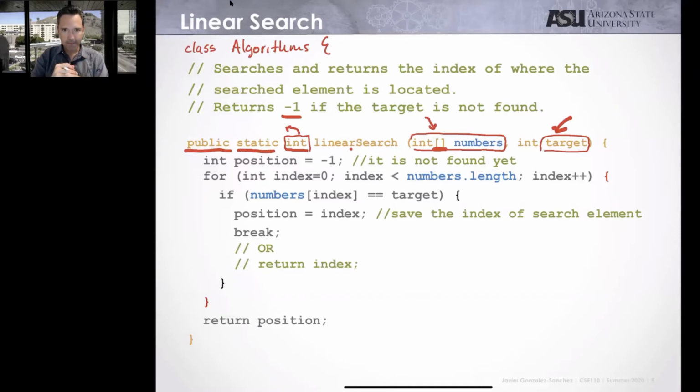Hopefully you agree with me: Algorithms.linearSearch. And if you remember, that is very similar to what you do with Math.pow, Math.sqrt. Math is one class with mathematical things that you need.